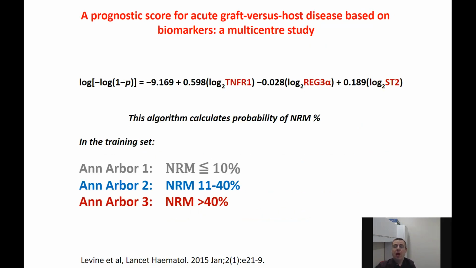So based on those three serum biomarkers, a prognostic score was developed using this algorithm, which calculates the probability of non-relapse mortality. And depending on that probability, patients were categorized into three groups: Ann Arbor 1 with an NRM of less than 10%, Ann Arbor 2 with intermediate non-relapse mortality, and an NRM over 40% for the group called Ann Arbor 3.